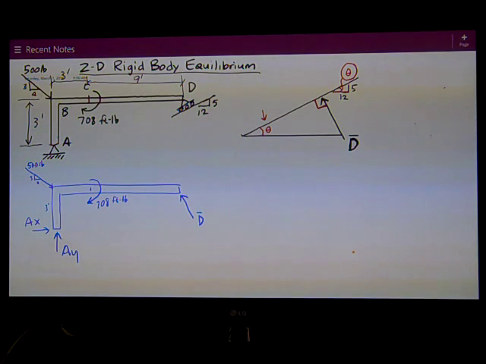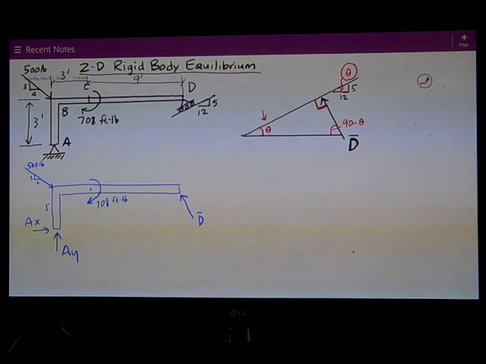Well, I say that the roller support acts perpendicular to that, so I can draw this perpendicular angle. I can say that angle is perpendicular in that upper corner of the triangle I've drawn. Well, if I've got 90 degrees there, theta here, that makes this angle down here in the lower right-hand corner 90 minus theta.